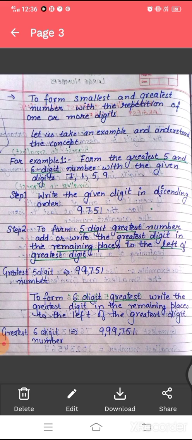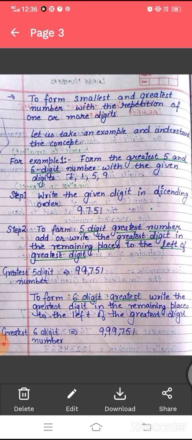The greatest digit is 9. 4 digits are already there, only one place is remaining, so you write 9. So the greatest 5 digit number is 99,751.